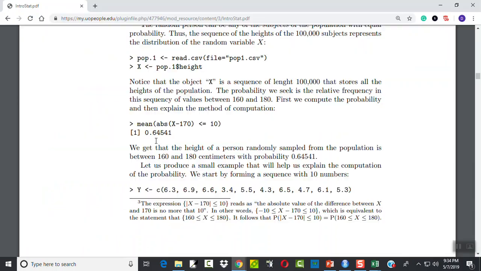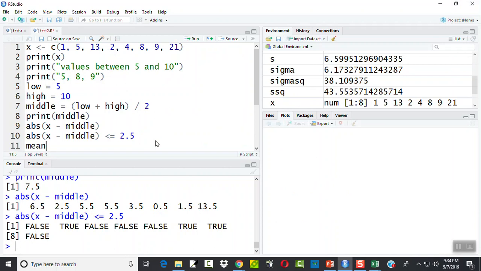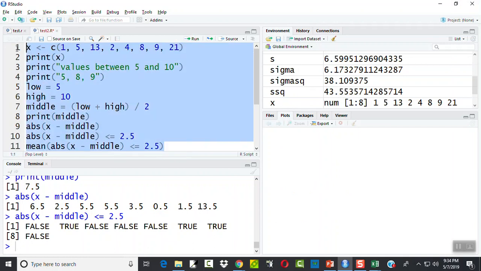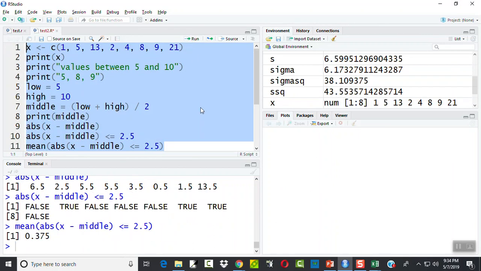So then they have the mean of this. So I'm going to copy that, and let me run that. So I get 0.375. So how many numbers do I have? 1, 2, 3, 4, 5, 8.